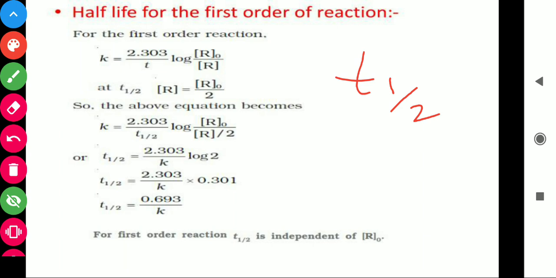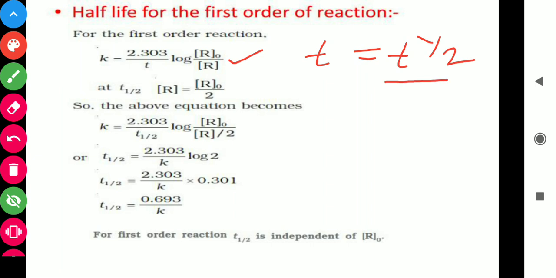Okay, for first order reaction, how can we calculate the half life? The equation is k is equal to 2.303 upon t log R naught upon R. When t is equal to t half, means the reactant remains half, the remaining reactant becomes half of initial, means R naught by 2. We will keep t half in place of t here and R naught by 2 in place of R here.